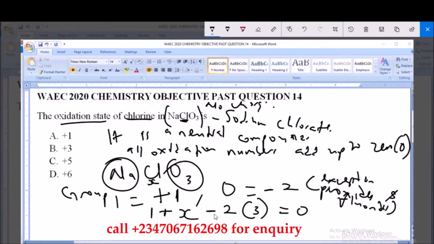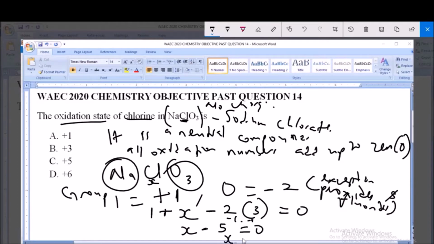So minus 2 times 3 is minus 6, and 1 plus minus 6 is minus 5. So X minus 5 is equal to 0. You take this to the other side, X is equal to plus 5. The oxidation number of chlorine is plus 5, and plus 5 is C. This is the correct answer to this question.